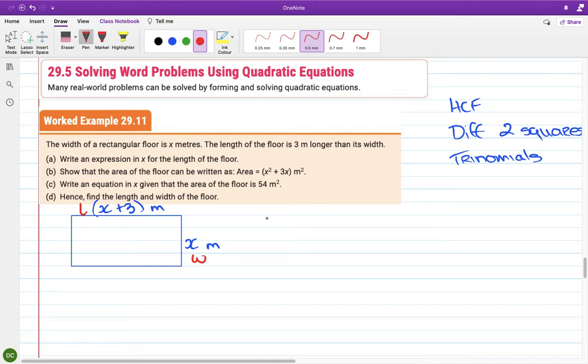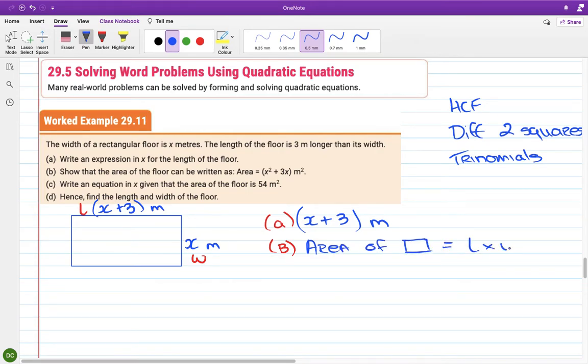So part A says, write an expression in x for the length of the floor. Done. x plus 3 meters. Part B, show that the area of the floor can be written as, and they give us an area. Okay, so how do we get the area of a rectangle? The area of a rectangle is length times width, so the length is x plus 3, and the width is x.